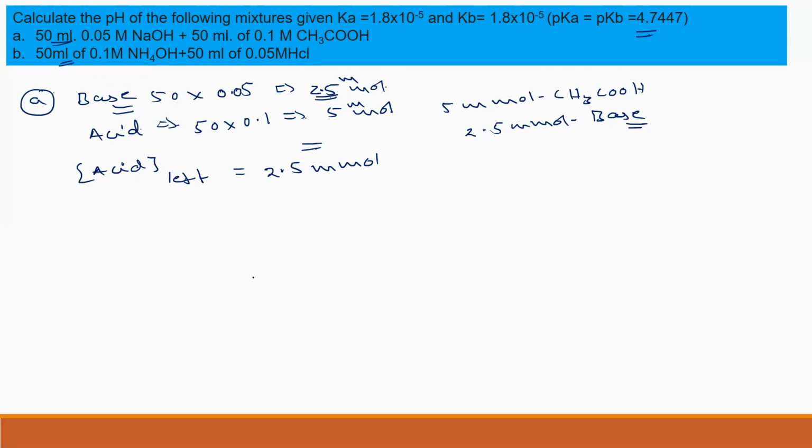Okay. So what is the concentration of salt? So the concentration of salt is nothing but 2.5 millimole. And the formula is what? So pH is equal to pKa plus log salt by acid.